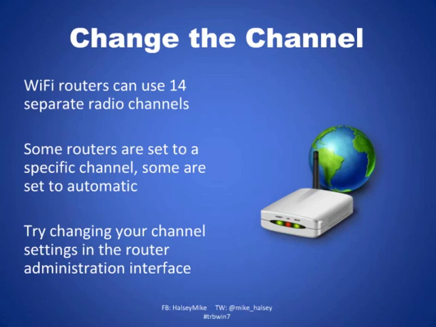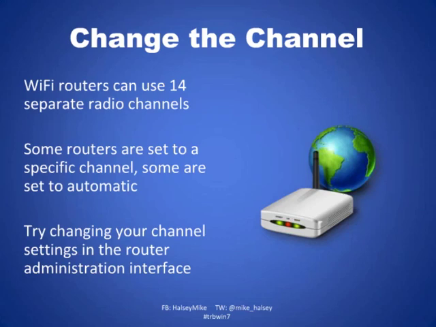Now, most routers, if not all routers, by default are set to fully automatic. But sometimes you'll find that it conflicts with the router next door, especially if they're from the same internet service provider as you, that you're getting conflict on the radio channel.